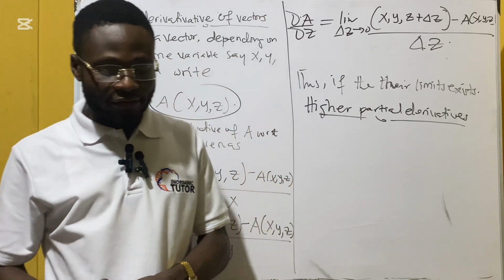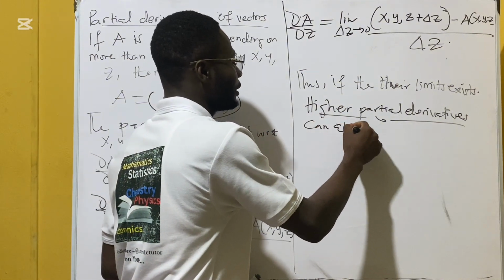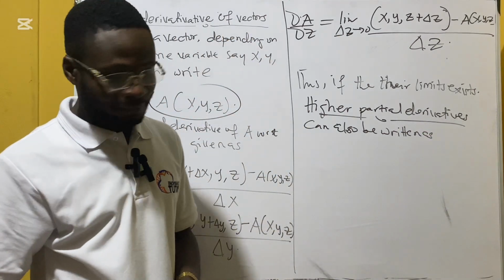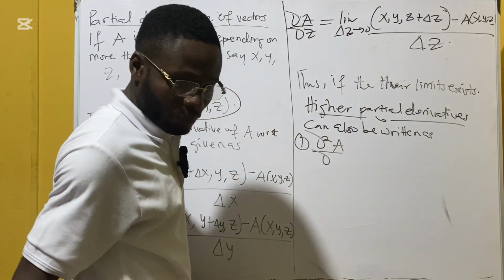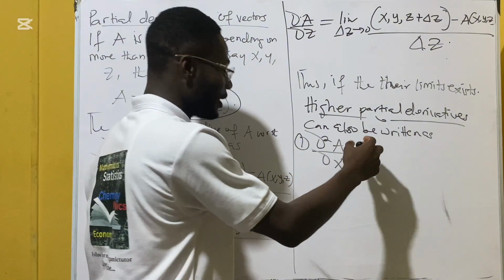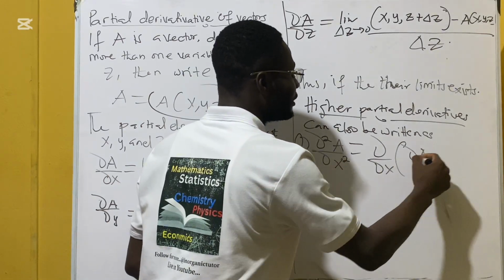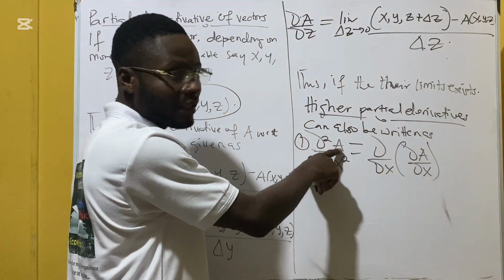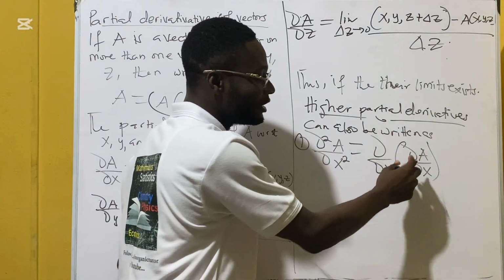Higher partial derivatives can also be written as: one, the squared a with respect to x squared is equal to d by dx of the derivative of a with respect to x.